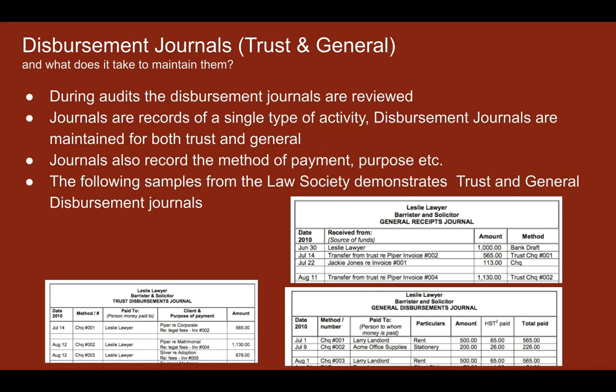The following samples are again just as how Law Society demonstrates trust and general disbursement journal. So it is very important, as I mentioned to you at the beginning of this session, that having recorded the minute details such as method of payment, reference numbers, received from details, because they get captured and get converted or entered into such journals and ledgers that Law Society wants you to depict or showcase in those statements that they need as part of their complaints.